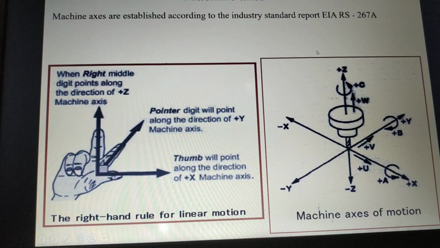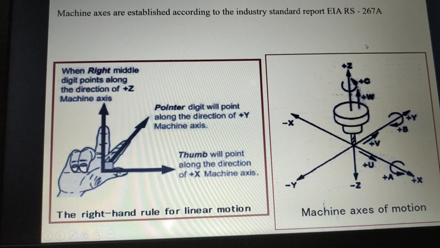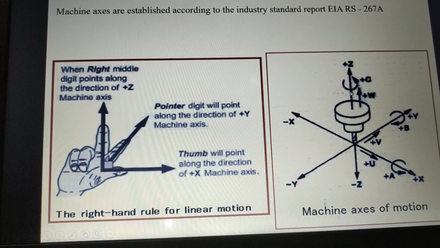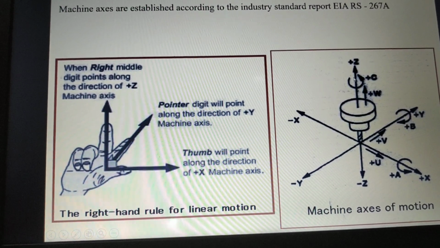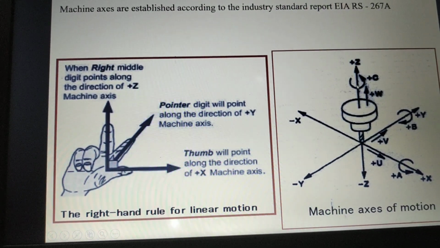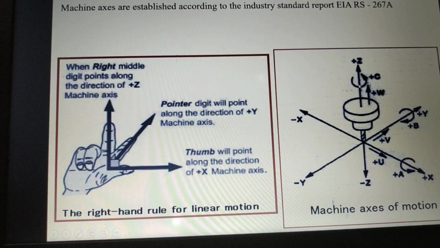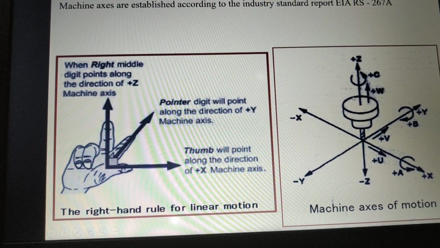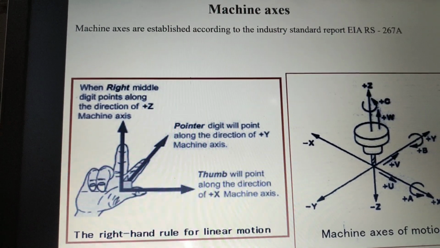You can see here the machine tool axis, z-axis you can see here. Z-axis is the axis of rotation of the main spindle, and x-axis and y-axis are perpendicular to z-axis.